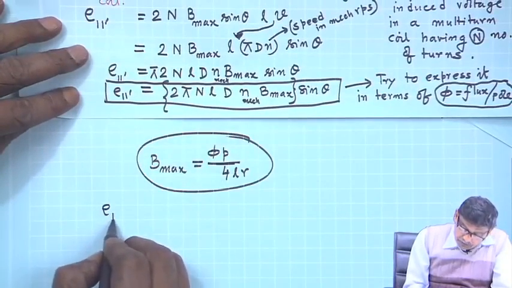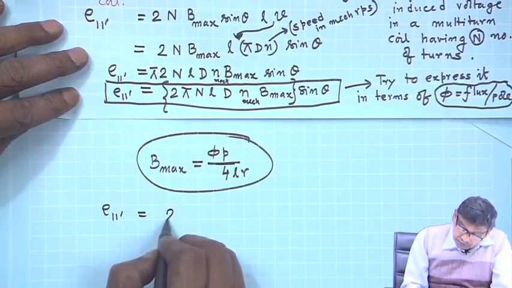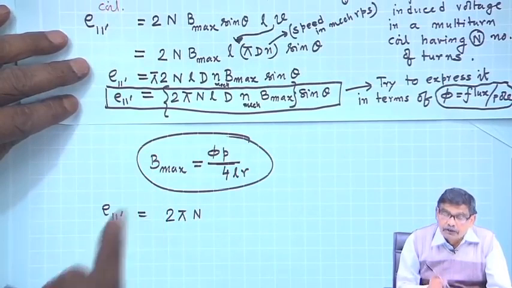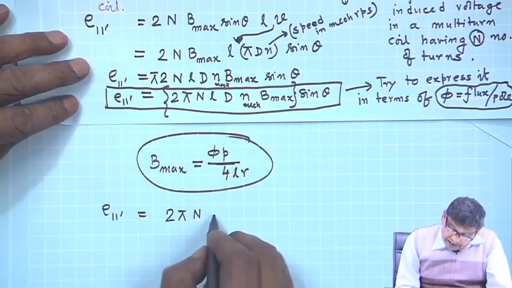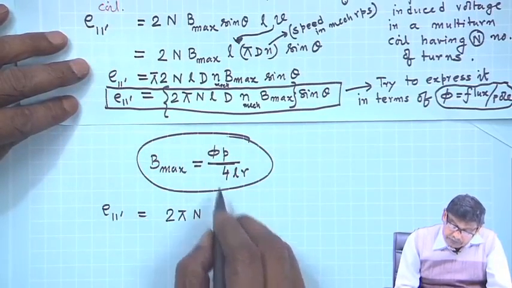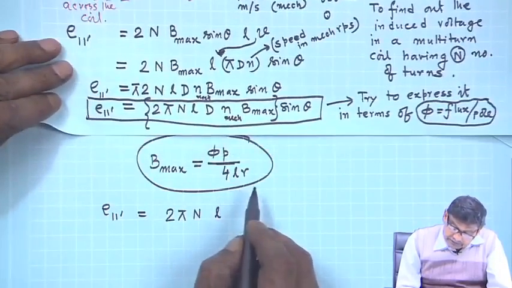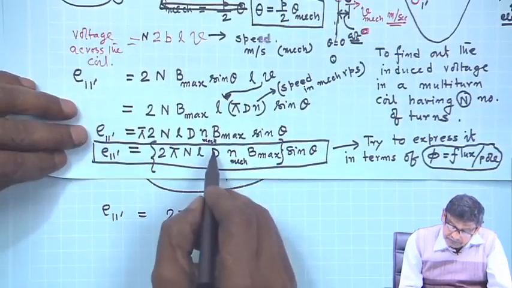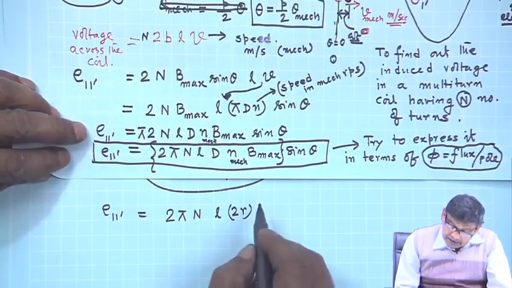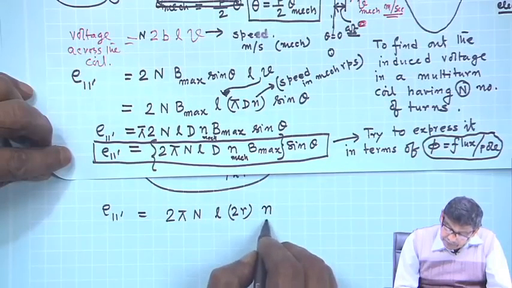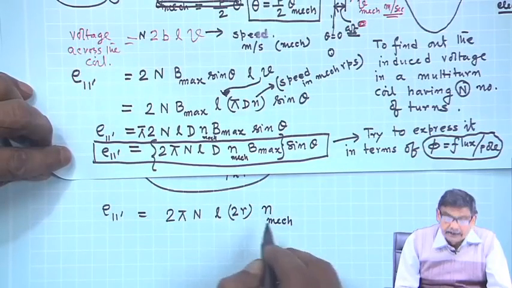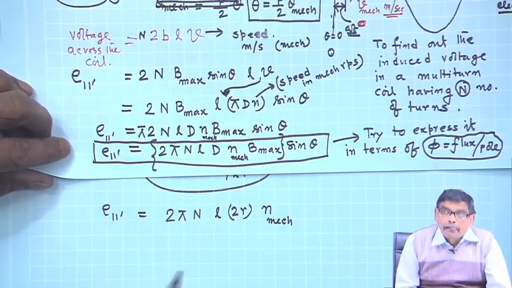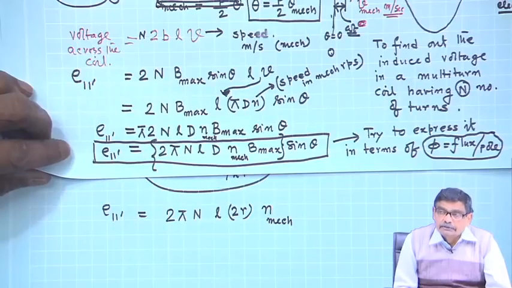So E 1 dashed will be equal to twice pi capital N. What is this capital N? Number of turns of the coil. Then L into capital D, where capital D is 2 into the radius of the rotor, and then n mechanical. What is this small n mechanical? The speed of rotation of the rotor or the coil, which can be measured with a tachometer.